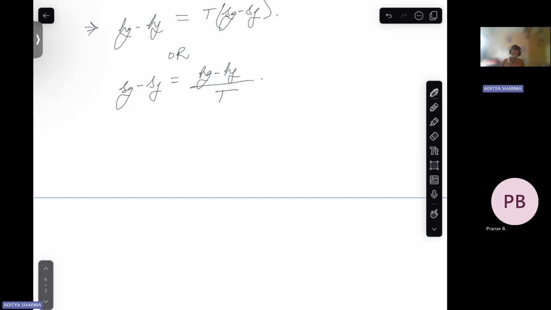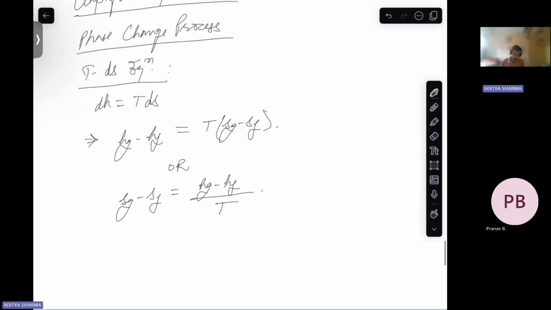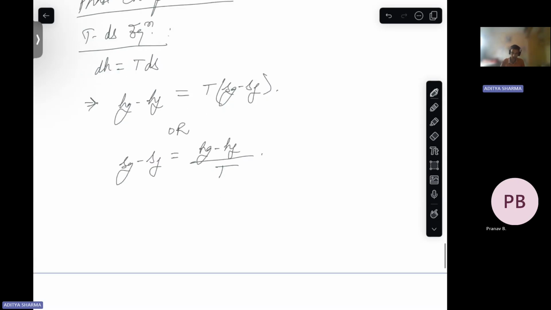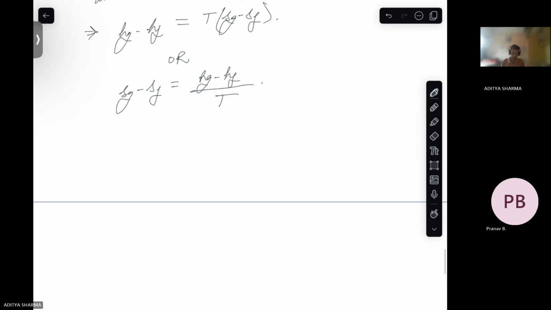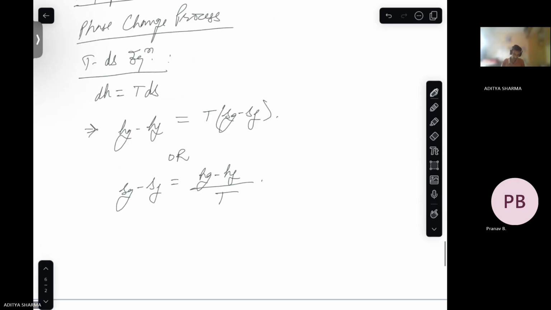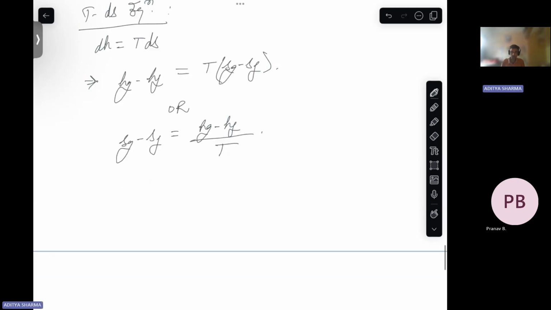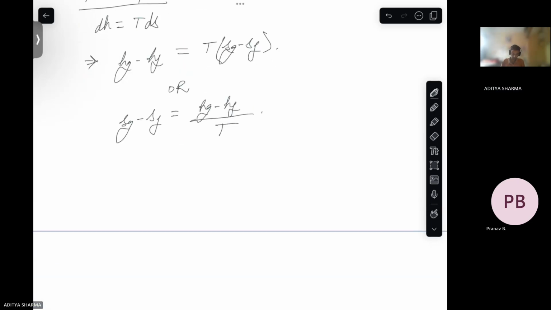And in a similar way, if we want to define the internal energy change, we can do that by this particular relation, right?